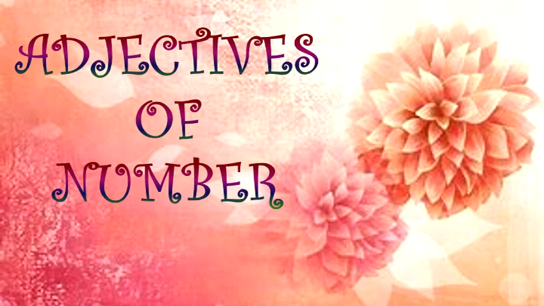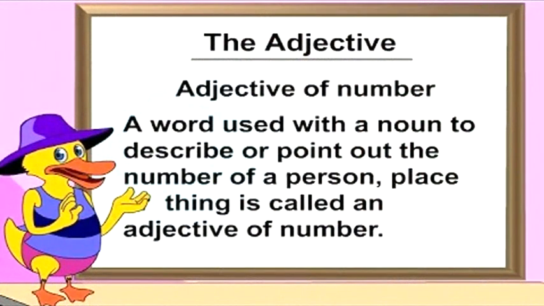First, second, third. They are also kinds of number. So, today we are going to learn all about adjectives of number. Are you ready? Let us see what we mean by adjective of number first.